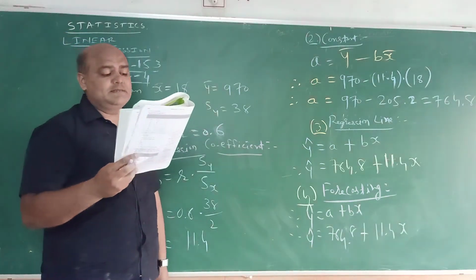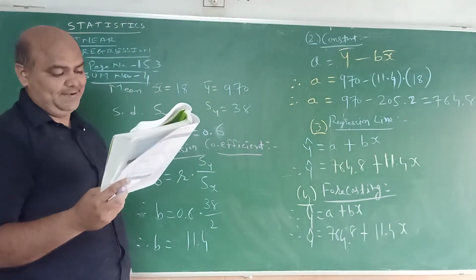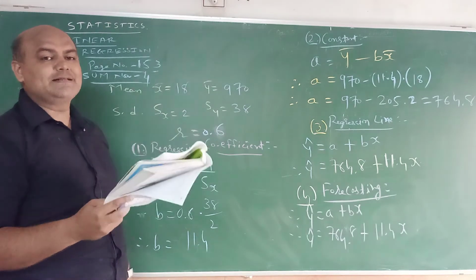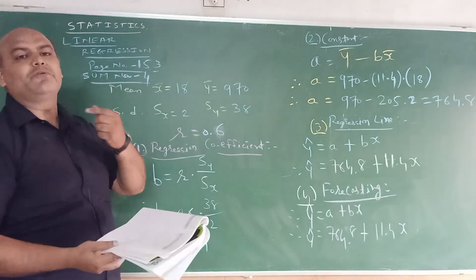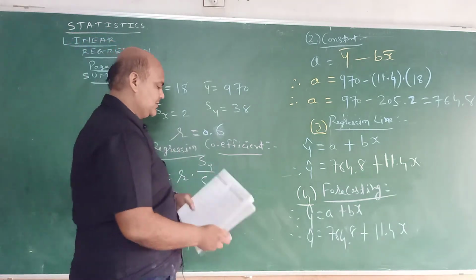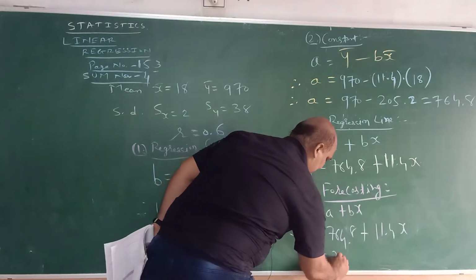My dear friends, x is provided as 20. When the rain is 20 centimeters, then we have to find the yield of the crop. So x is equal to 20.